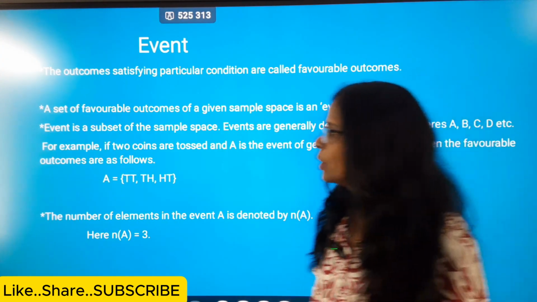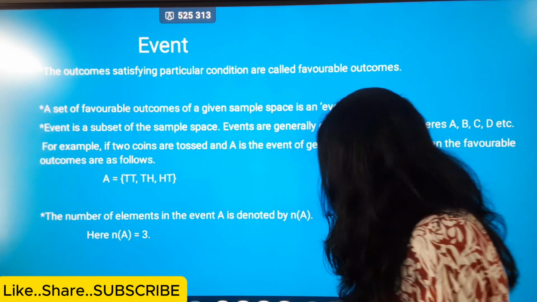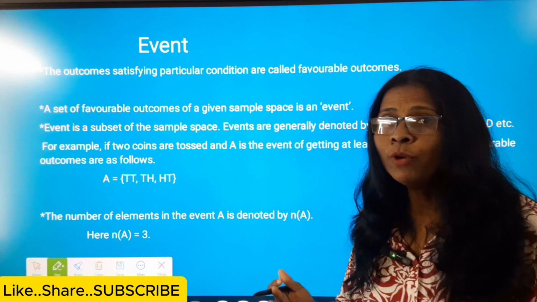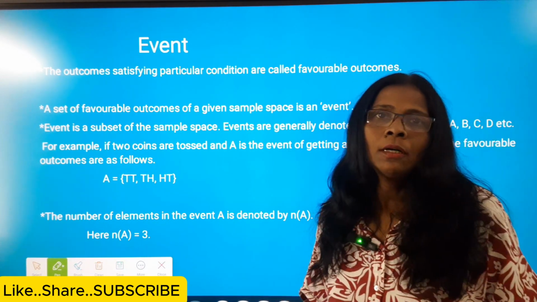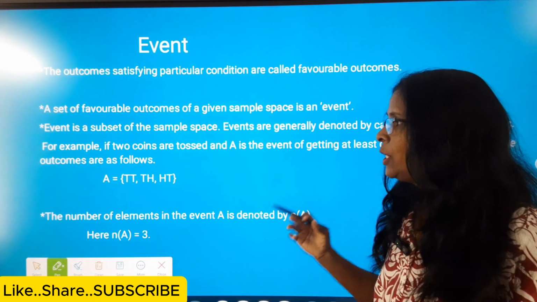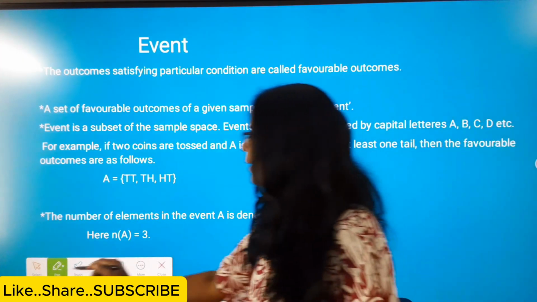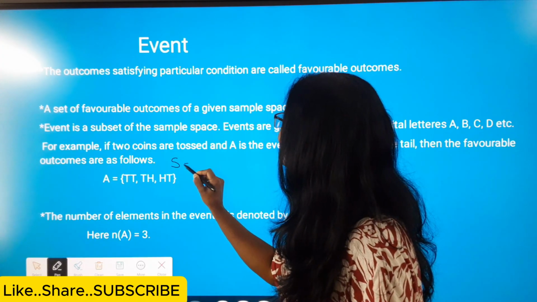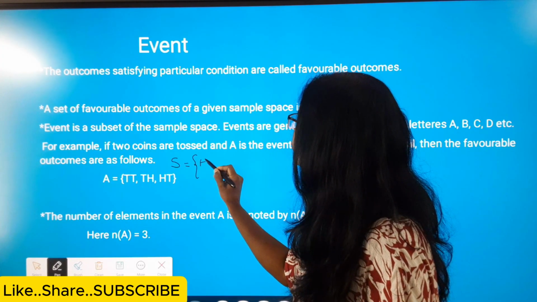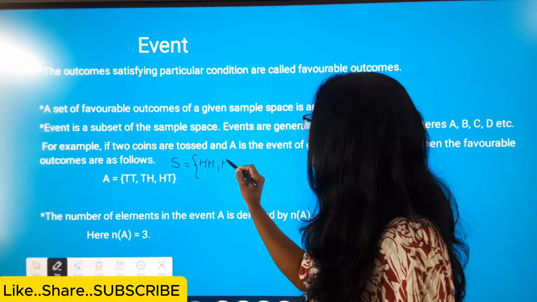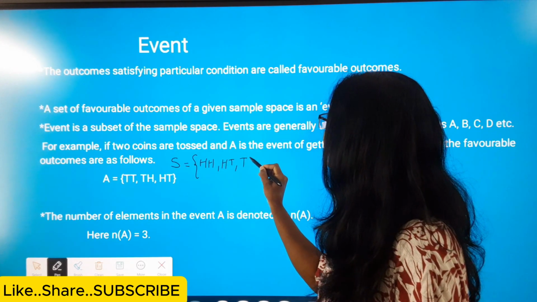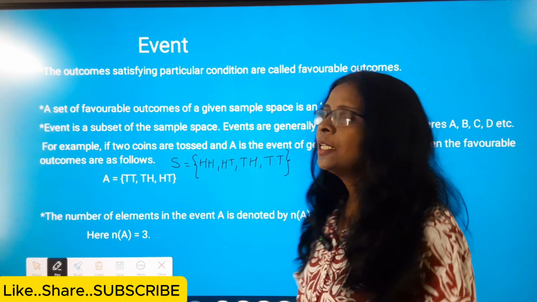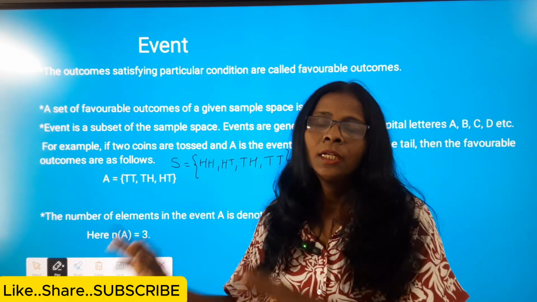So first we have to toss two coins, and their sample space S is equal to HH, HT, TH and TT. That will be the sample space of this condition.